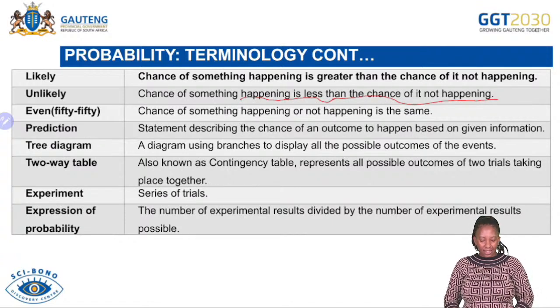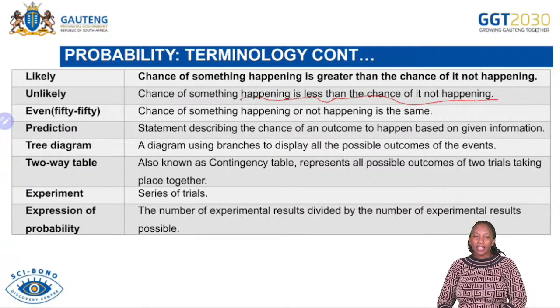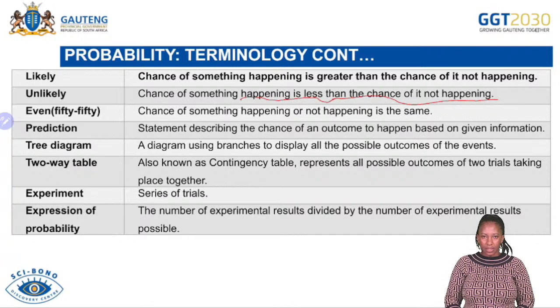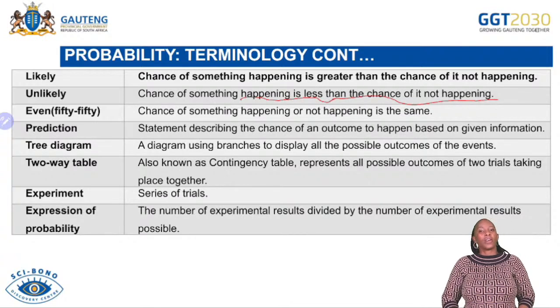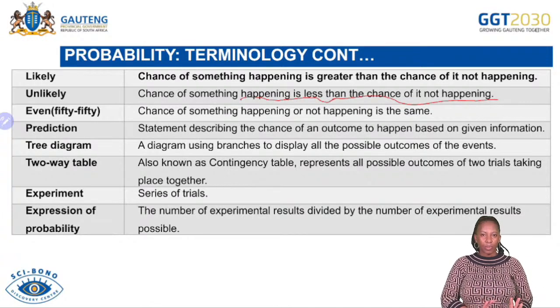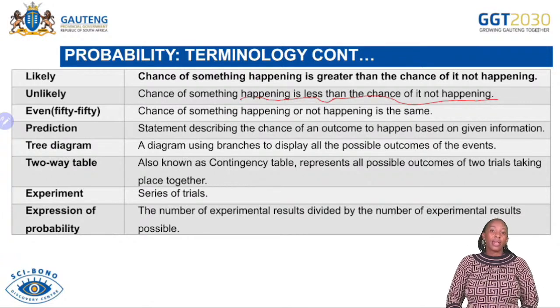So a series of those trials, we call them the experiment. Because when you talk about experiment, you can't say, I've tried to do this once, and then you say, I was experimenting. For you to experiment, you have to do it over and over again to see if the results that you are getting are favorable or not. So it is a part of a series of trials. Then the experiment, that's when you get the results.